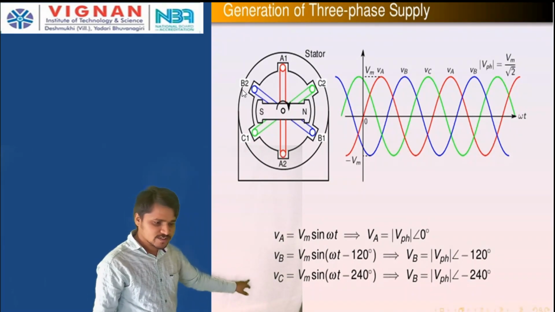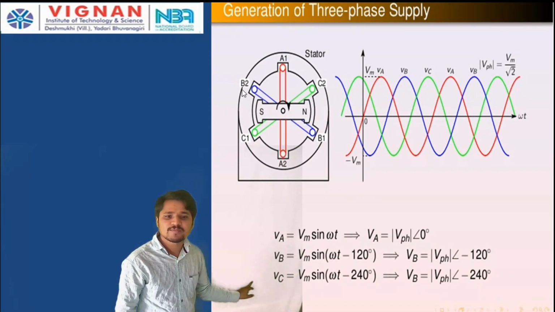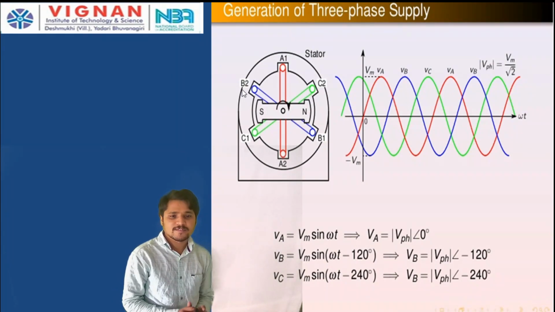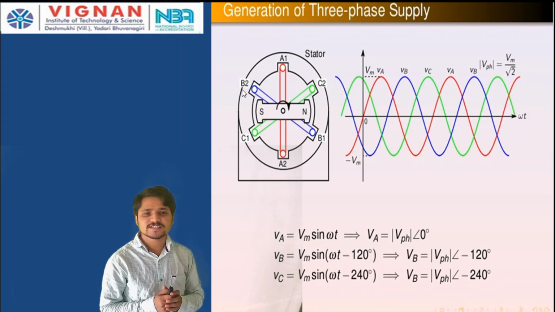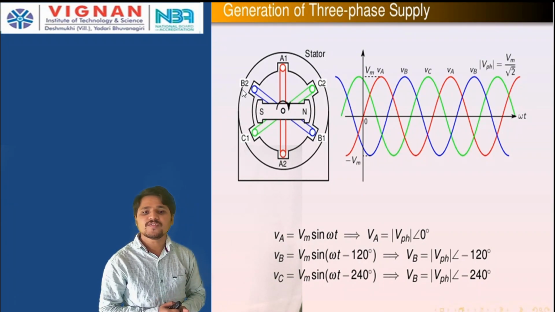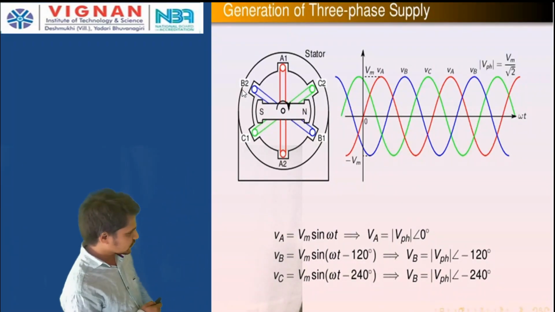And coming to the C phase, VC is Vm sin omega t minus 240 with respect to the reference, that is A phase voltage. And VB to VC is 120 degrees. That means between any two phases, the phase angle difference is 120 degrees apart. Therefore, VB is equal to V phase at an angle minus 120 degrees and VC equal to V phase at an angle minus 240 degrees.